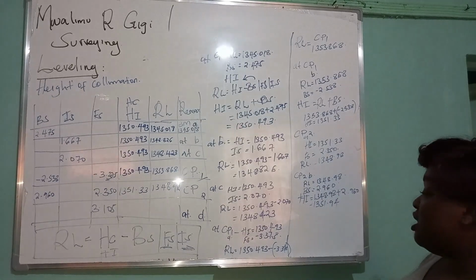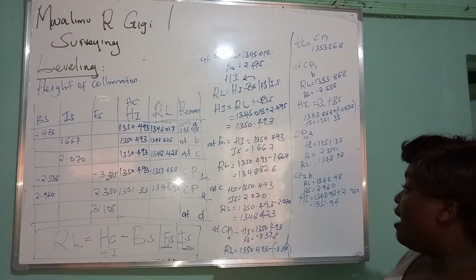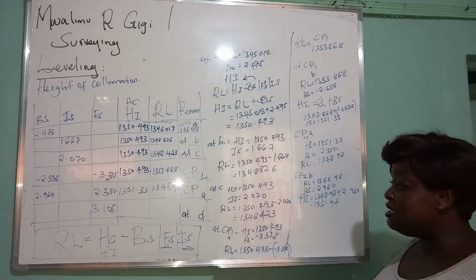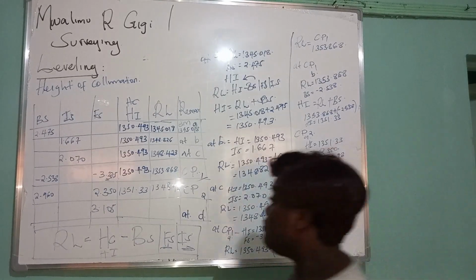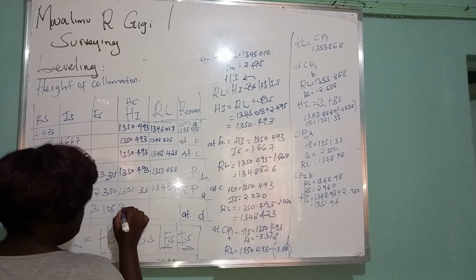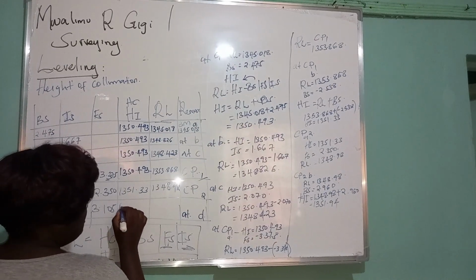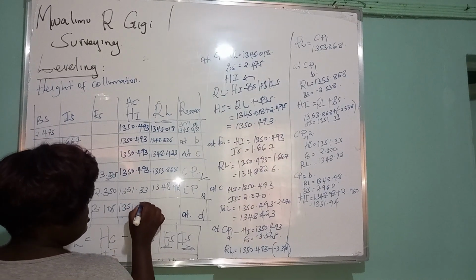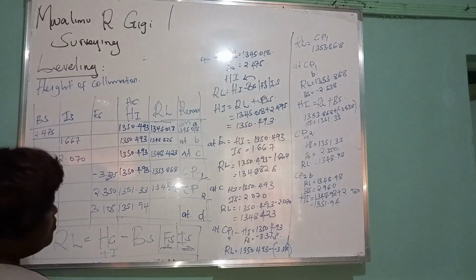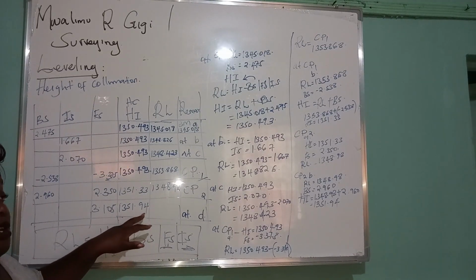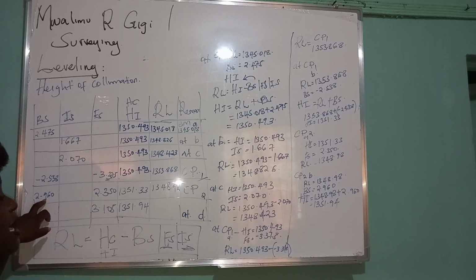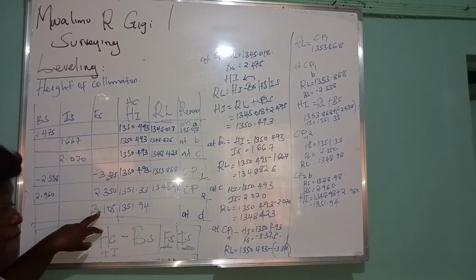So the height of instrument is 1351.94. So at change point B, we have a height of instrument of 1351.94. When the height of instrument was 1351.94, we had a backsight and we also have a foresight.